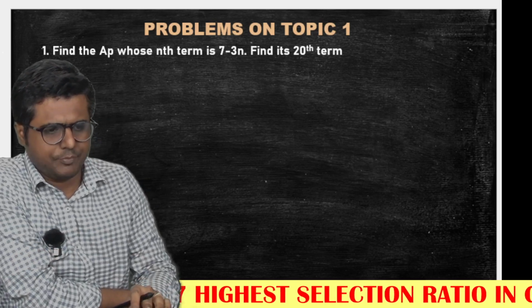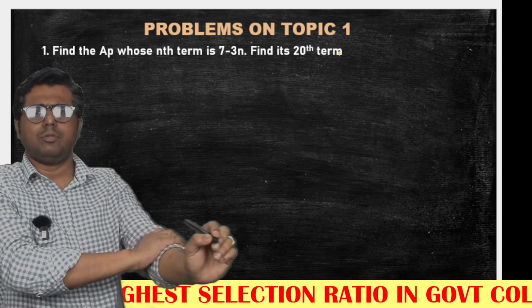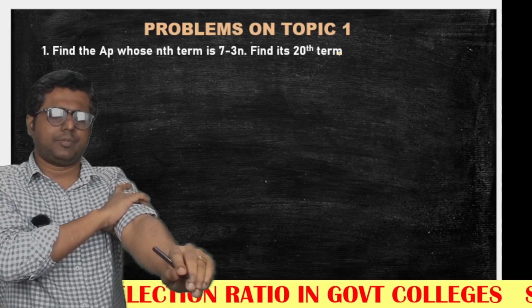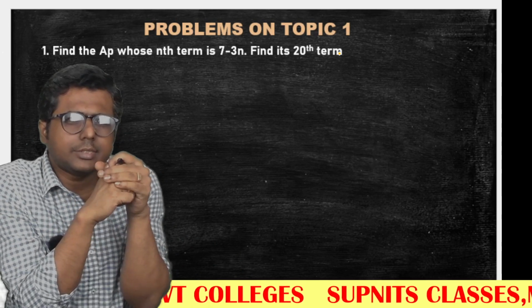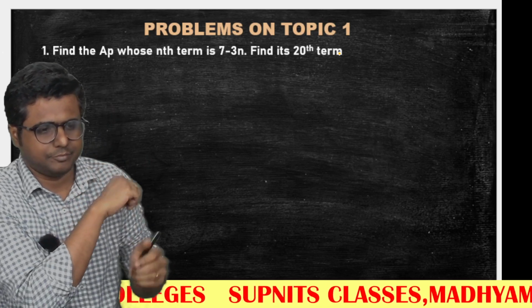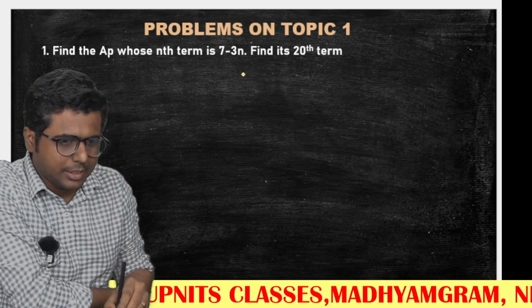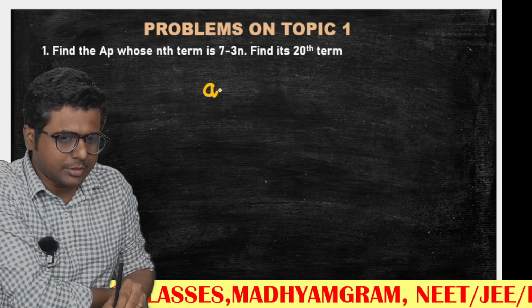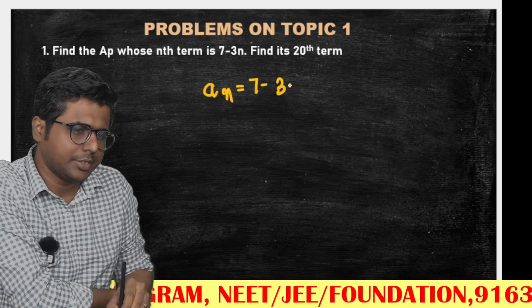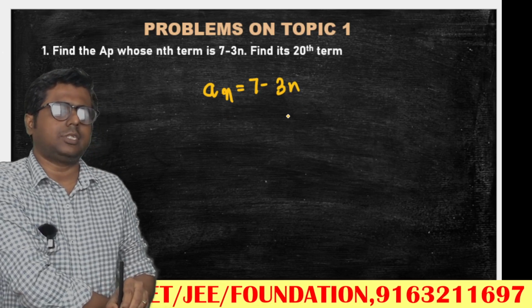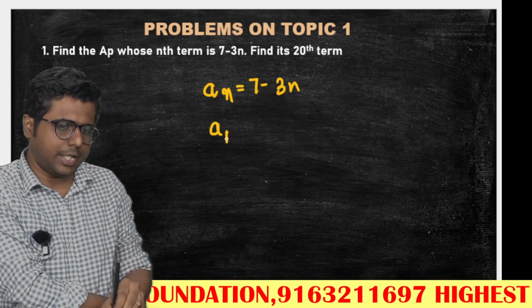Okay. So, just now we have studied that in an AP, the nth term is a function of n, and here we can see how nth term is function of n, 7 minus 3n. So, if an is equal to 7 minus 3n, can I calculate a1?